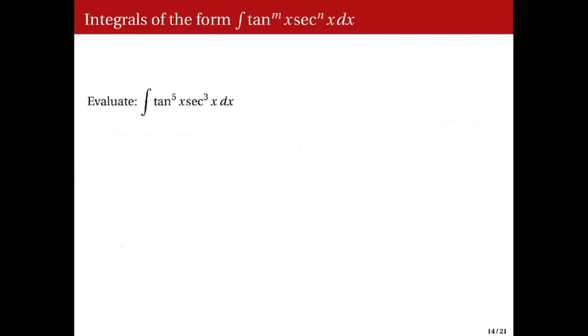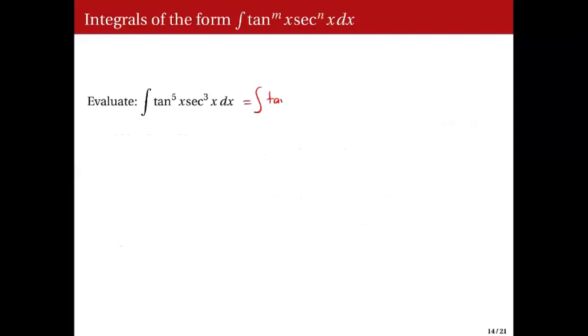You have here tangent to the fifth power x, secant cubed x dx. You want to integrate that. So we will rewrite this as the integral. We'll get one tangent and we'll also borrow one secant from here.